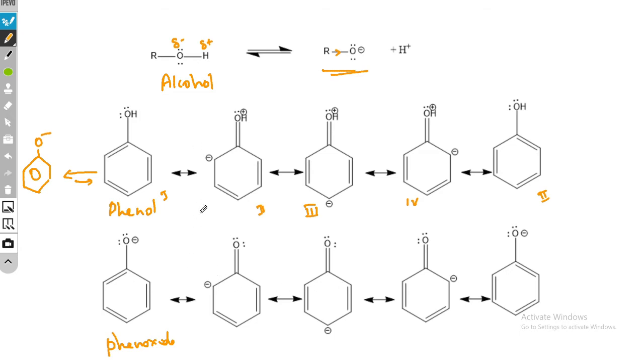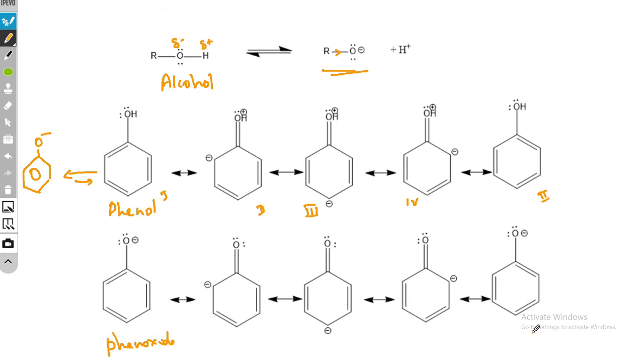So as you compare the acidity of alcohol and phenol, you can see that here there is a destabilization due to the electron donating R group. Here the negative charge of phenoxide is dissipated between these atoms.